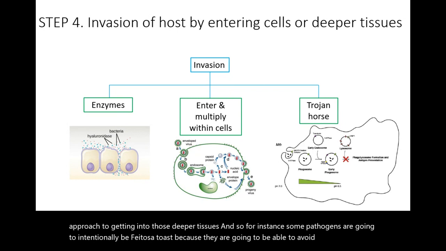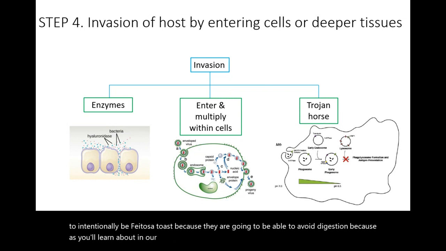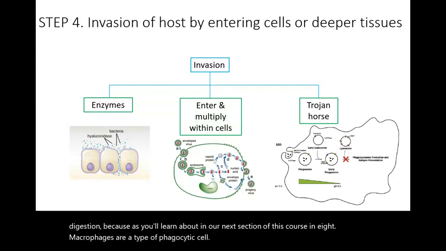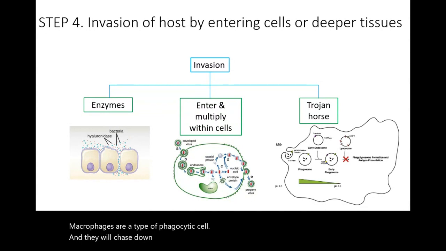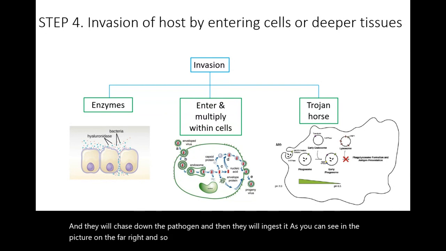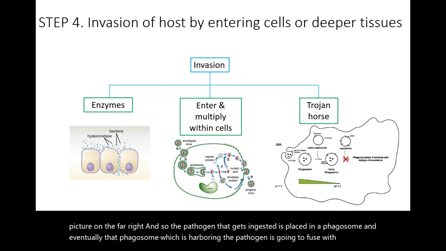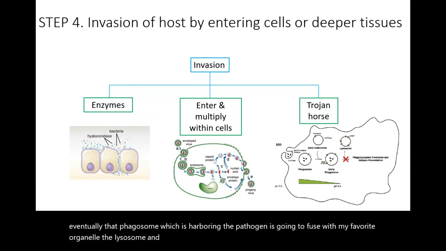As you'll learn about in our next section of this course, innate immunity, macrophages are a type of phagocytic cell, and they will chase down the pathogen, and then they will ingest it, as you can see in the picture on the far right. The pathogen that gets ingested is placed in a phagosome. And eventually that phagosome, which is harboring the pathogen, is going to fuse with my favorite organelle, the lysosome, and the lysosome is going to essentially destroy it, right? Because it contains those hydrolytic enzymes that will break down the pathogen.